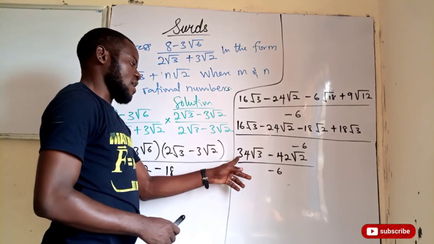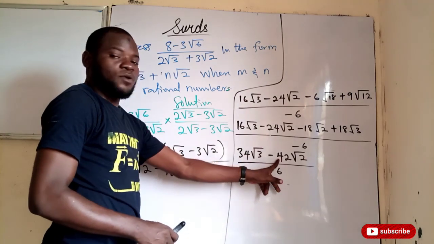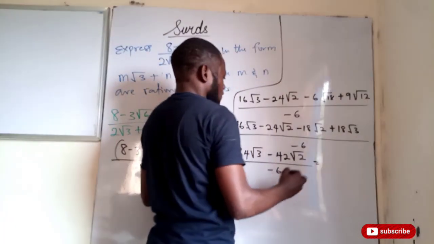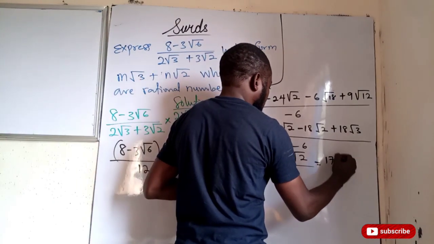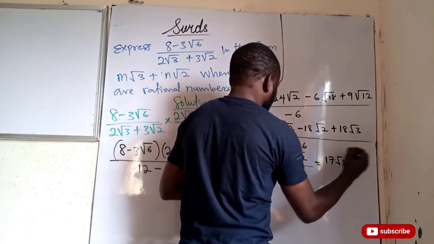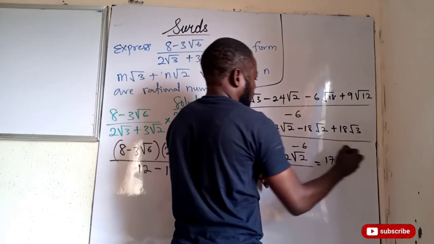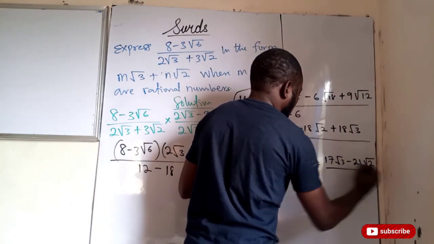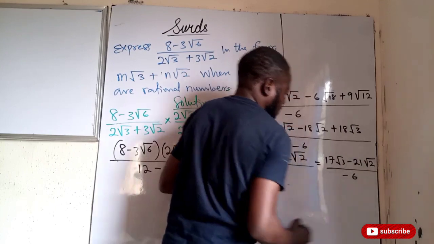Can 2 go here? Yes. Can 2 also go here? Yes. This should give us 17 root 3 minus 21 root 2, all over negative 6.